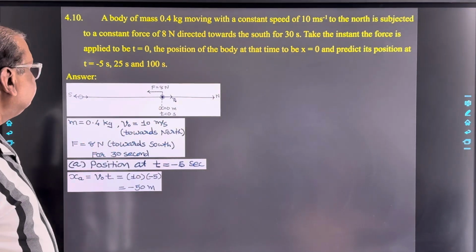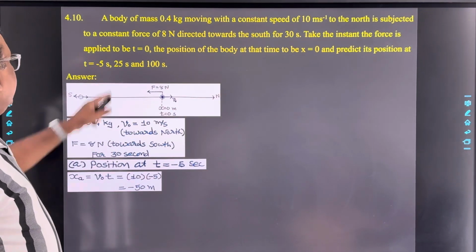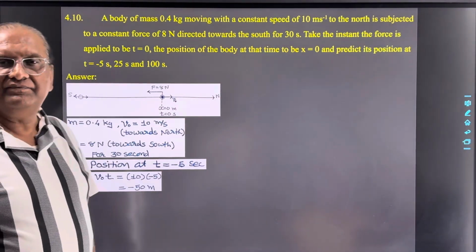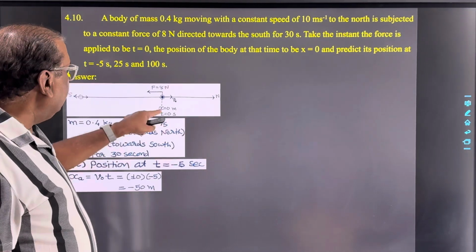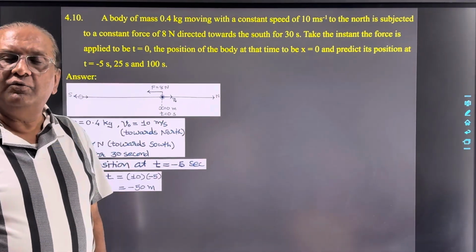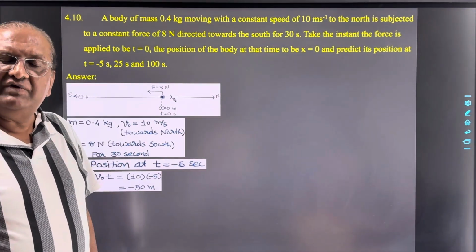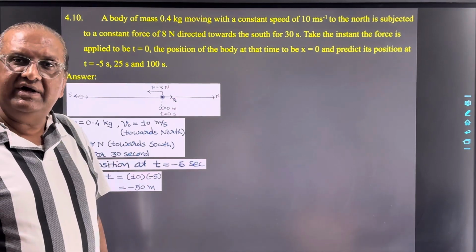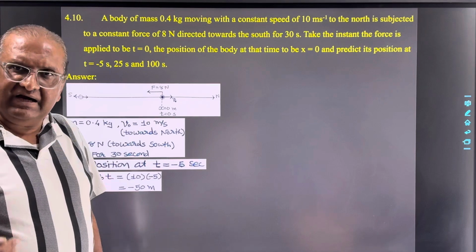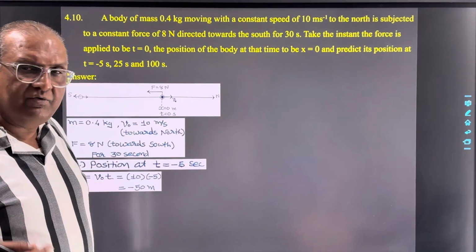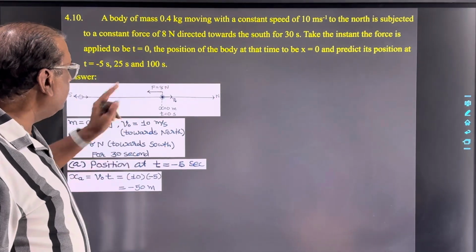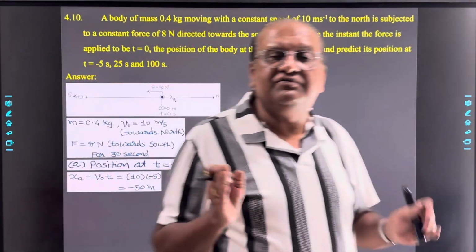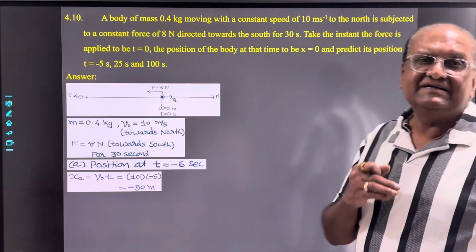Clear? Okay. Now we have to find the position at t equal to 25 seconds. So at t equal to 0, the force is applied. So when the force is applied, now the motion of the body will be accelerated. So to find out its position at t equal to 25 seconds, we can use the equation of motion with constant acceleration.